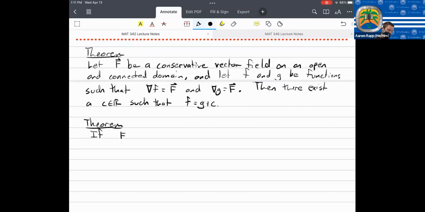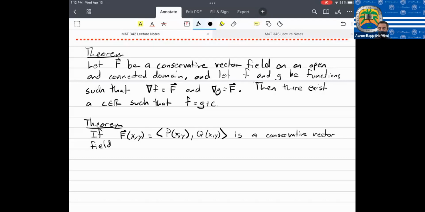So if we have a vector field f which in the x component is determined by a function p, and the y component is determined by a function q, if this is a conservative vector field, then the partial of that x component function p with respect to y has to be equal to the partial of the y component q with respect to x.